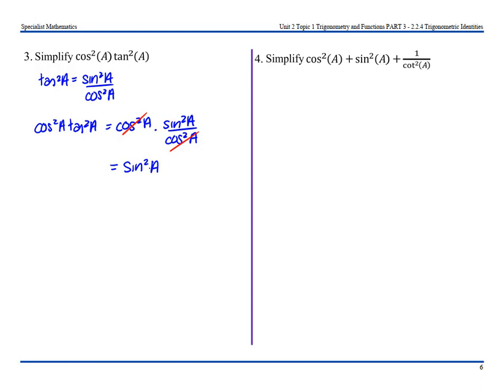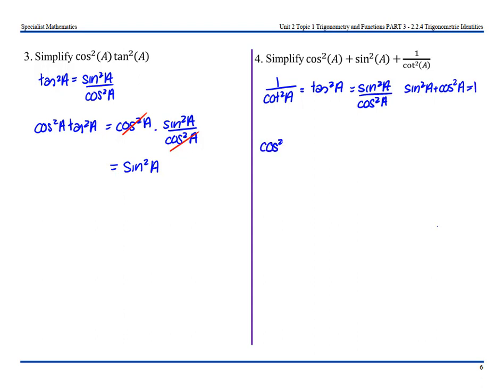Next one, simplify cos squared a plus sine squared a plus 1 over cot squared a. Firstly, 1 over cot squared a equals tan squared a, which equals sine squared a over cos squared a. We also know that sine squared a plus cos squared a equals 1.